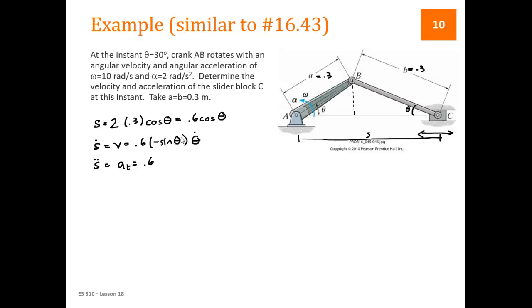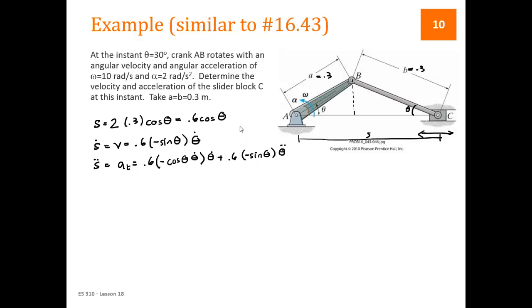The derivative of the first, negative sine, is negative cosine of theta, times the inner derivative theta dot, times the second theta dot, plus 0.6 times negative sine, the first, times the derivative of the second, theta double dot.